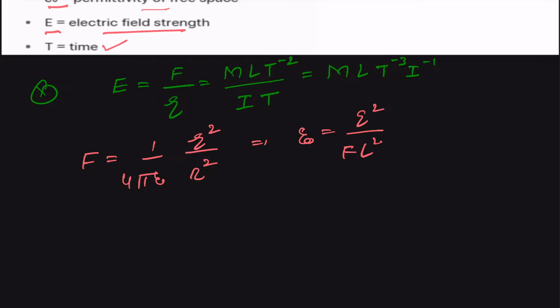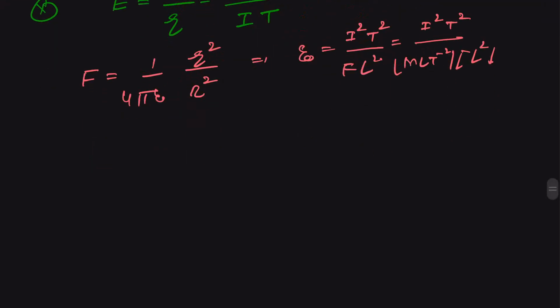So q we can write in terms of current and time, I times t, and force is M L T to the minus 2, times L squared. Therefore we get permittivity will be equal to M to the minus 1, L to the minus 3, T raised to power 4 and current squared.